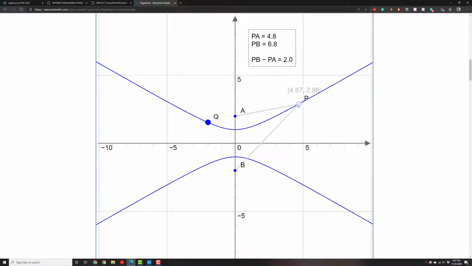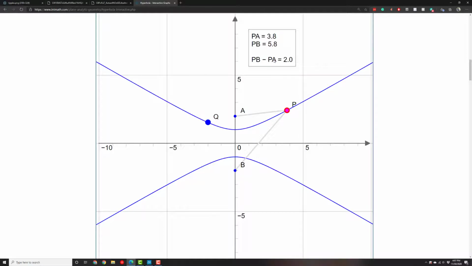So let's talk about this. We have a set of points along this curve. You can see these blue curves here, but I'm just dealing with the upper branch. The points on this curve satisfy the relation that the distance between a point P and the point B, minus the distance between P and the point A, is constant.